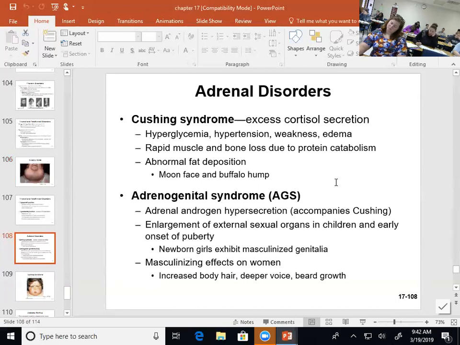And so the adrenal glands are doing their job. ACTH keeps knocking at their door, so they keep secreting, right? So the adrenals are secreting cortisol, secreting aldosterone, because they're getting the message too. So it's either because of an excess of ACTH, or it's because of a tumor of the adrenal cortex.